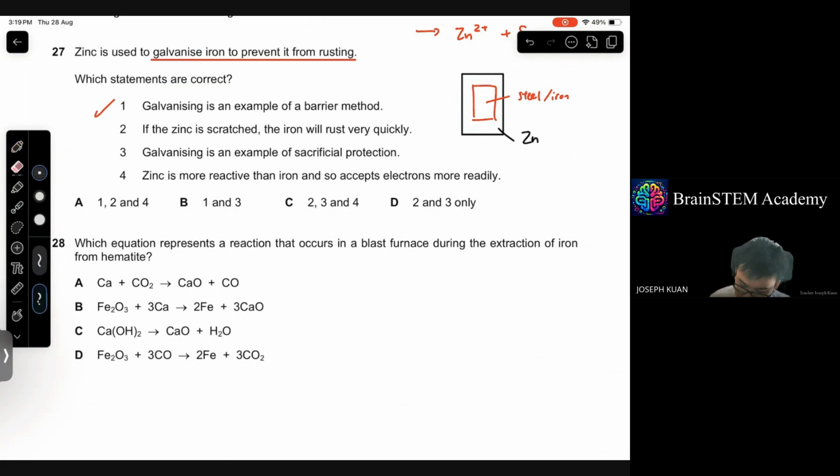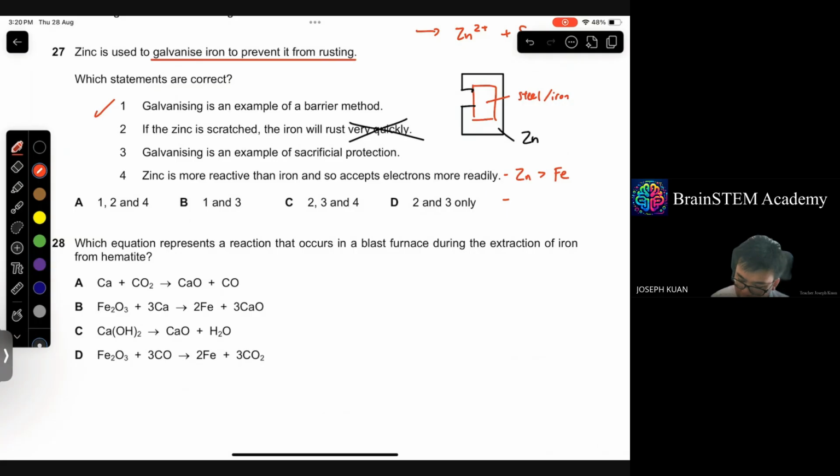Now, the double benefit of this process is that even when the zinc layer is scratched, the iron still doesn't rust immediately. So for 2, it's wrong. It will not rust that quickly because zinc is more reactive than iron. And in this case, it actually has a second function.